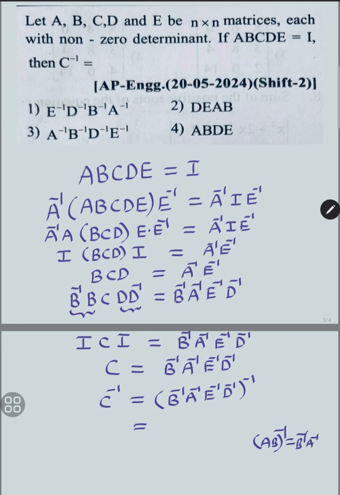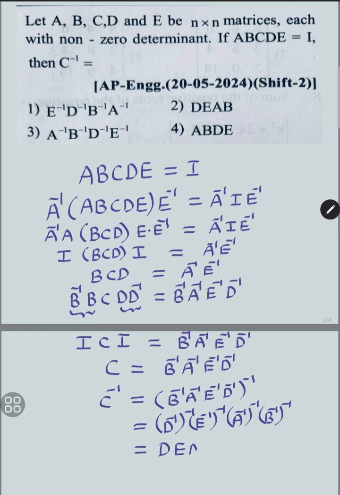Similarly, we can apply the same formula for all these four. So D inverse whole inverse, next E inverse whole inverse, next A inverse whole inverse, B inverse whole inverse. So it will become D, E, A, B. Therefore, the inverse of C is equal to D, E, A, B.